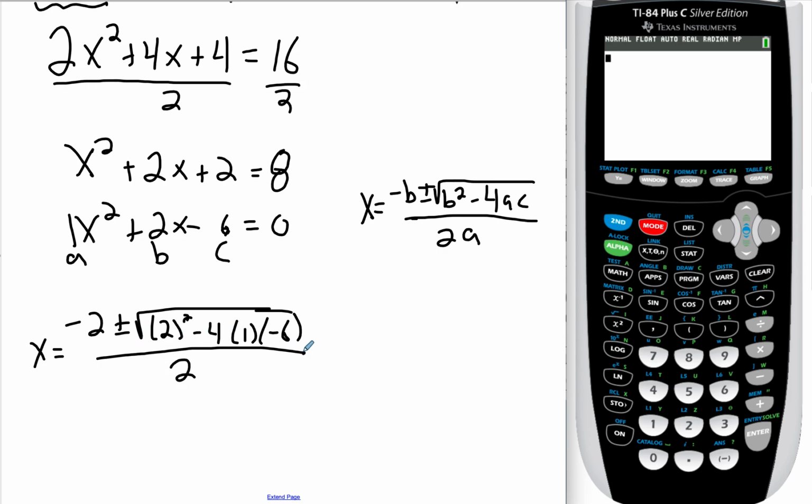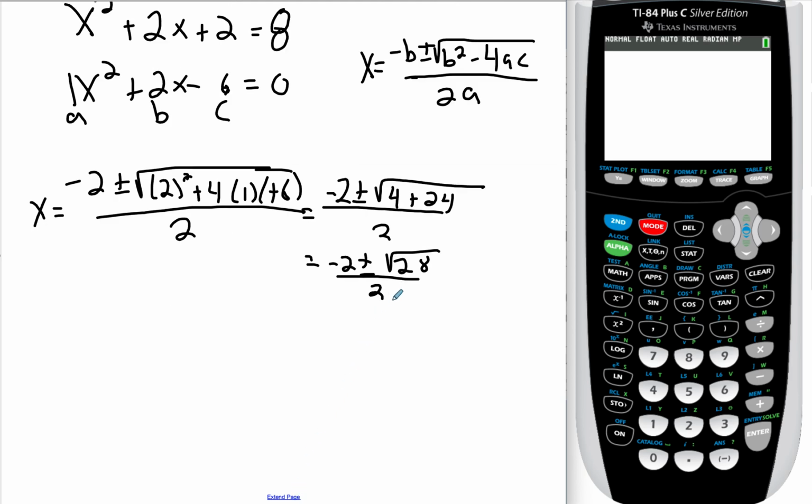Okay, let's simplify that. So I've got negative 2 plus or minus the square root of 4, and this will turn to a plus, so it's 4 plus 24, over 2, which is negative 2 plus or minus the square root of 28 over 2.